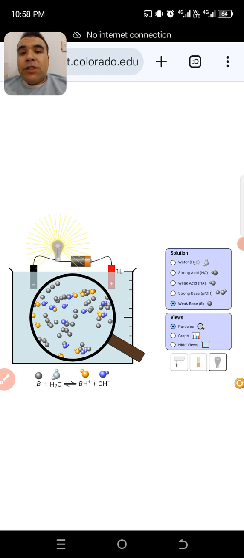And basic salts: if the cation comes from a strong base and the anion from a weak acid, you'll get a basic salt. And the salts that can be acidic, neutral, or basic are those where the cation and anion come from weak acids and weak bases. It depends on the Ka and Kb of the salt. In that case, through the Ka and Kb, you'll be able to determine the type of the salt.